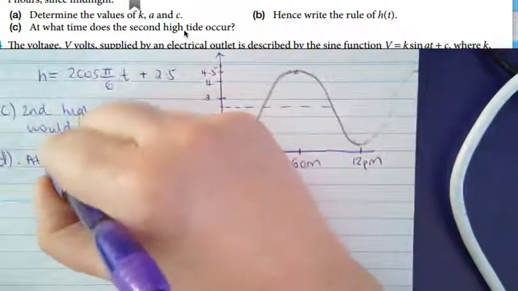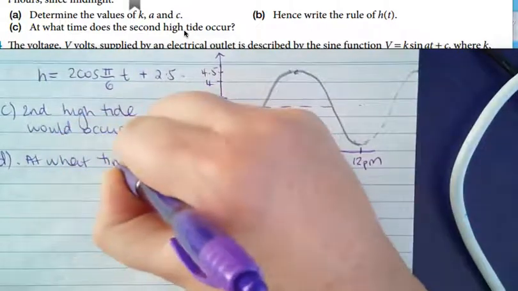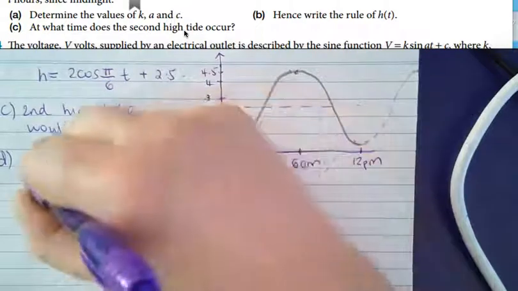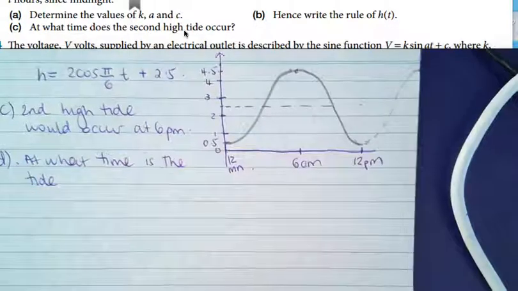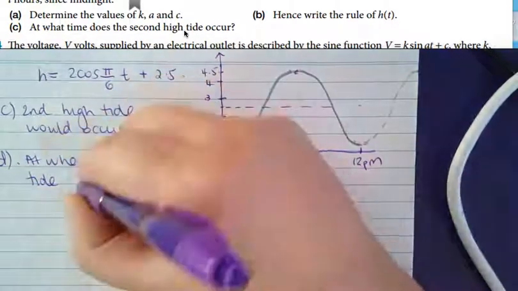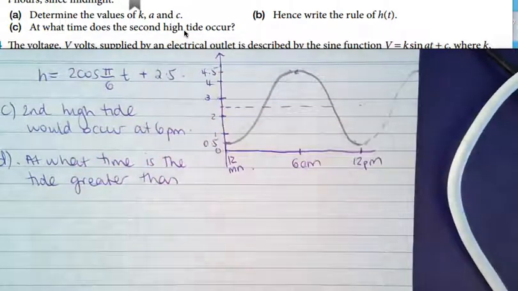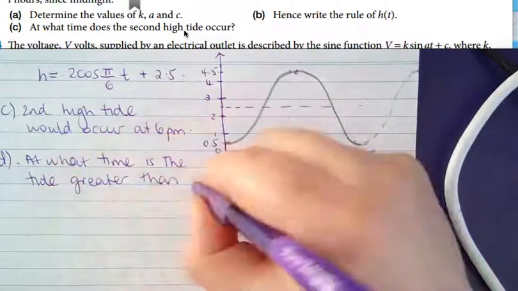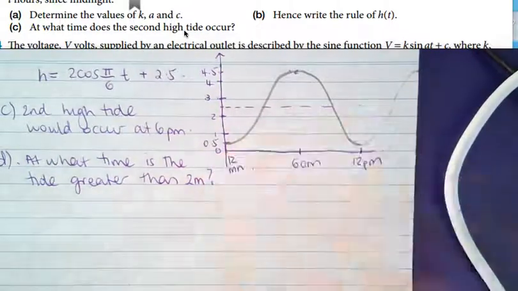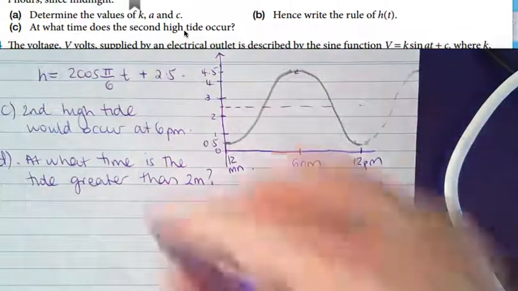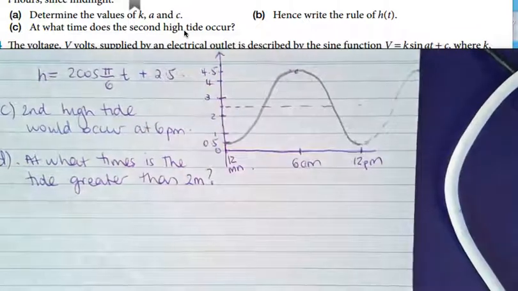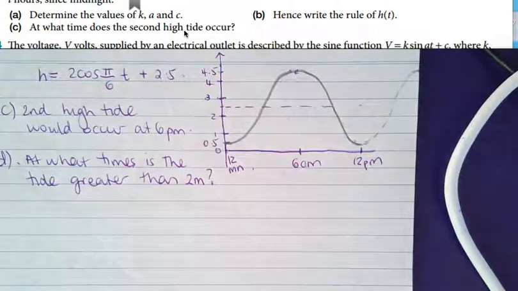At what times is the tide greater than 2 meters? This is an extra question. At what times is the tide greater than 2 meters? All right, or greater than or equal to 2 meters.